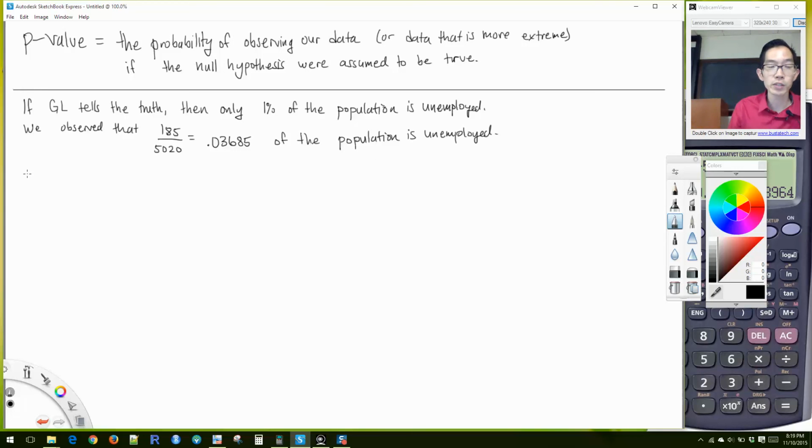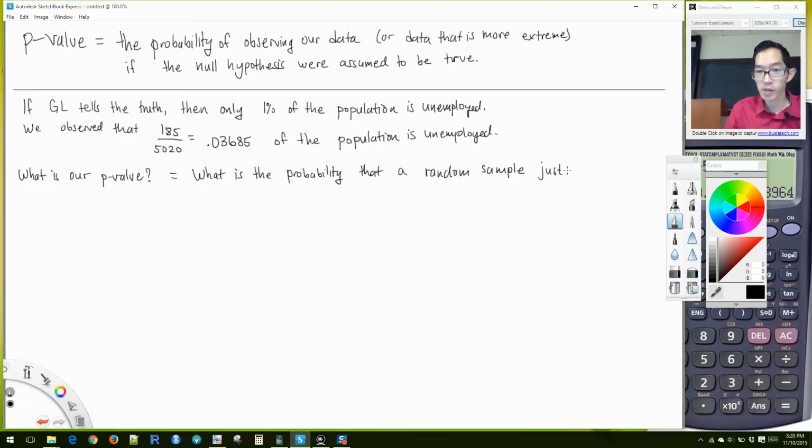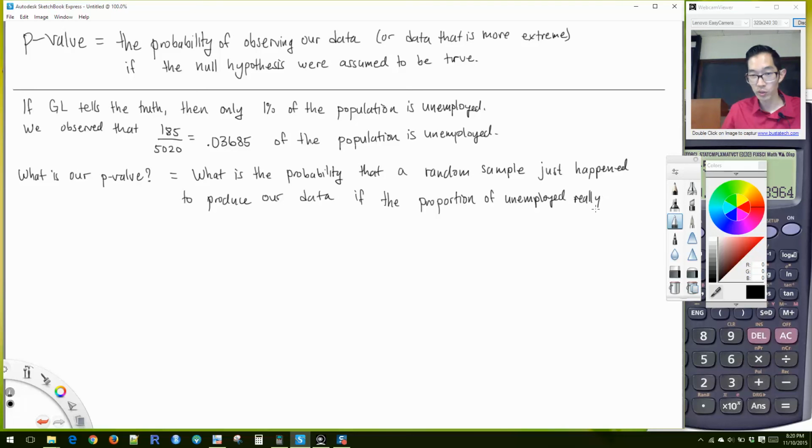Okay. So what is our p-value? It is essentially asking what is the probability that a random sample just happened to produce our data if the null hypothesis is true, if the proportion of unemployed really is 1%.